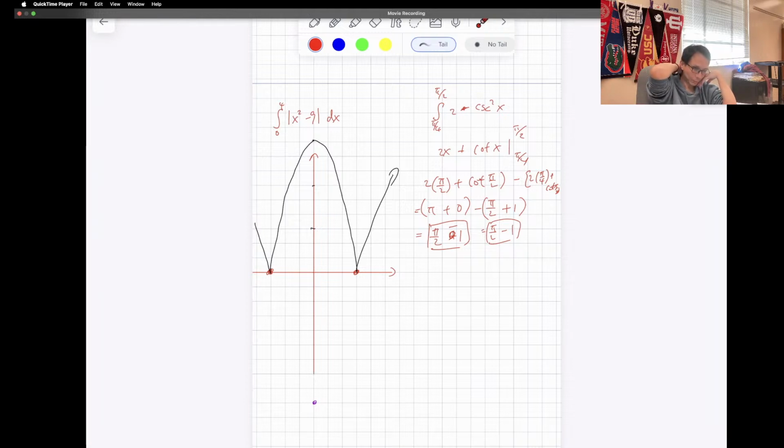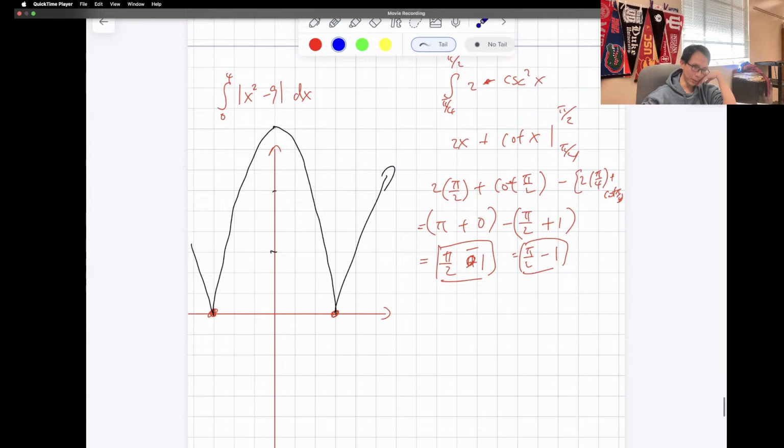Okay, so understand that this part of the graph is the normal function, x squared minus 9. But what will this function here be? This function is the opposite of the original function, so it's negative of x squared minus 9.